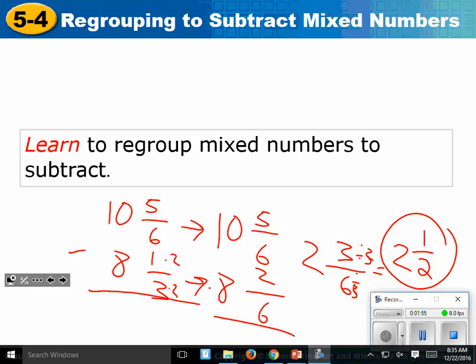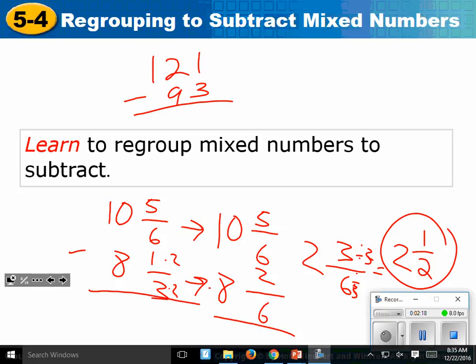Well, what we're going to do is we're going to have to end up regrouping. Like if you were doing this kind of subtraction, let's say you were doing 121 minus 93, you would have to regroup, wouldn't you?